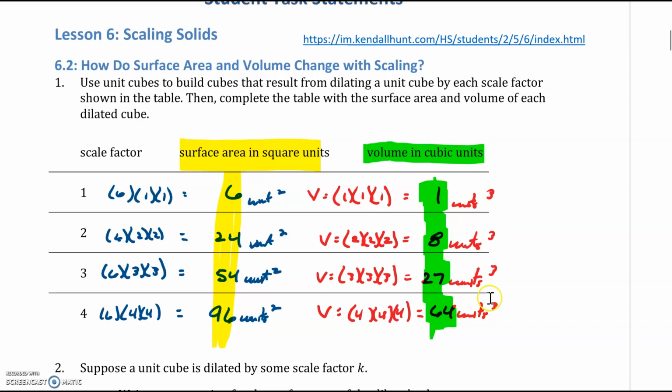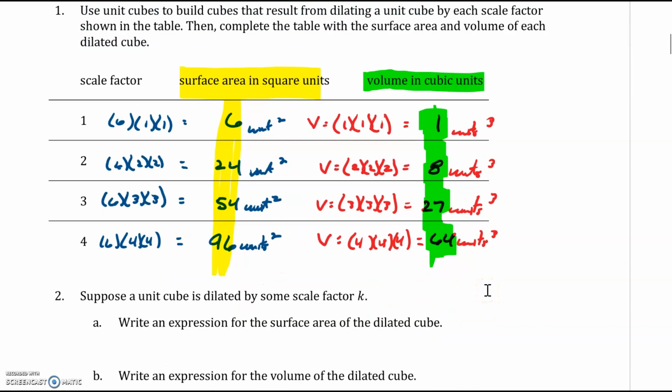Okay, so let's come down here, and it's asking us to write an expression for the surface area of the dilated cube. Realistically, what we want to do is compare our scale factors with the surface area that we got.